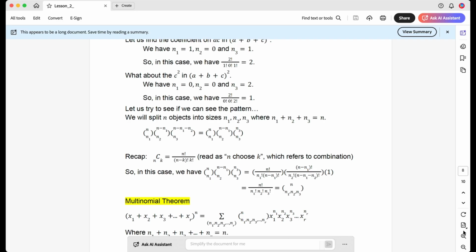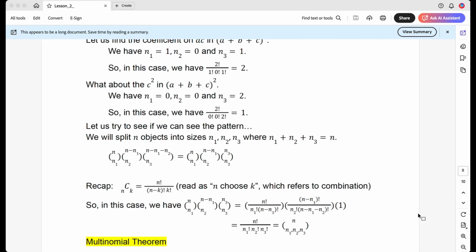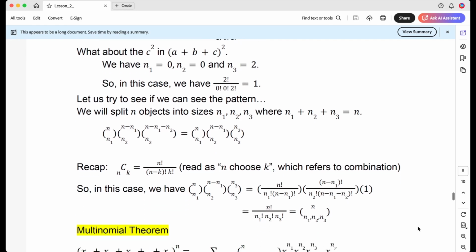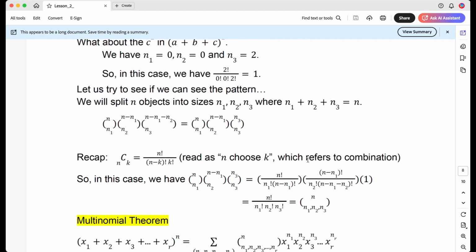Let me just make this a little bit bigger here. Sorry about that. So just to recap here, when we do this out, n3 choose n3 is 1. If you're taking all the objects, there's only one way to do that. We have n choose n1, which is n factorial over n1 factorial times n minus n1 factorial. Now, the second expression there, we're selecting from the remaining amount.